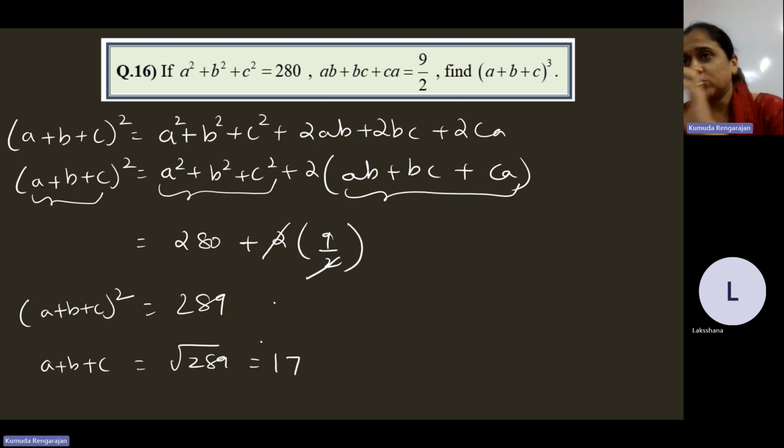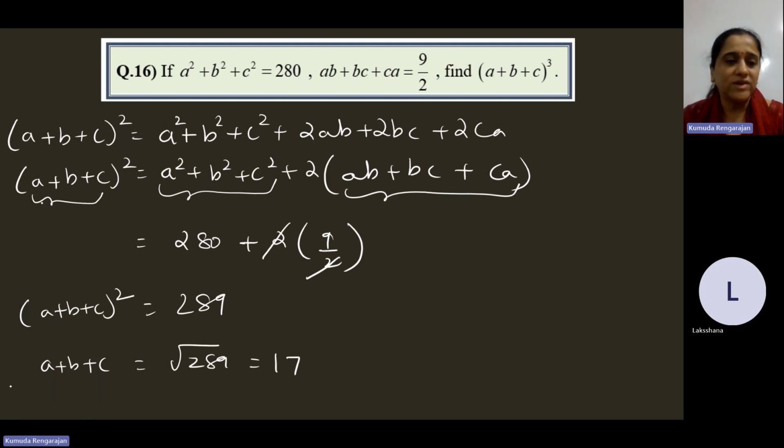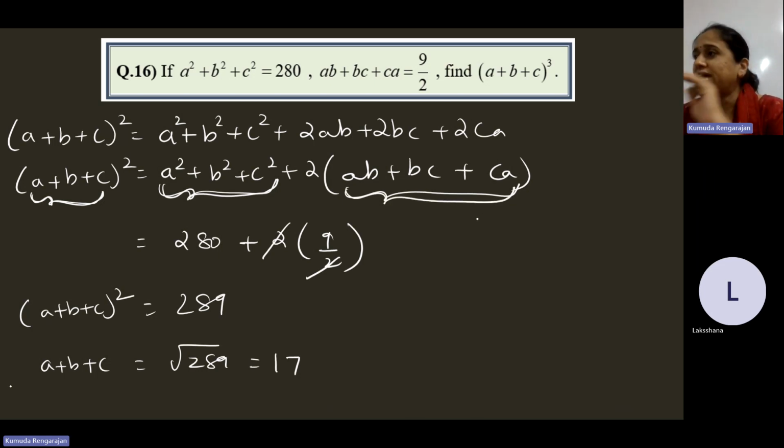So after reading the question, you will have to write the identity that contains these expressions. This is the identity that contains the expressions given in the question. How many expressions actually are in this identity? We have a plus b plus c, 1. a squared plus b squared plus c squared, 2. ab plus bc plus ca, 3. There are 3 different expressions in this identity.